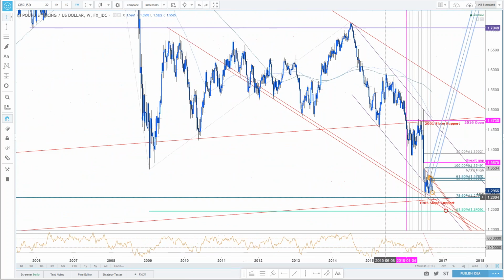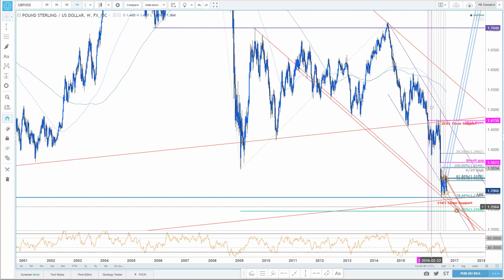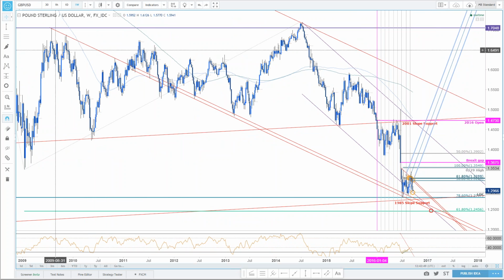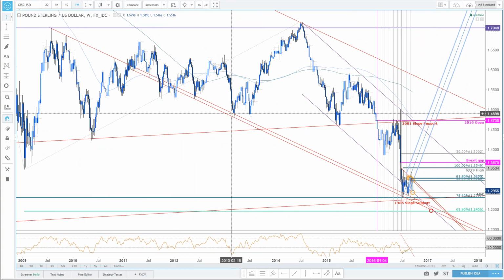Okay, so first of all, I'll bring your attention to this longer dated slope support. This is from the 1985 lows. We almost came into that, but rebounded earlier of it post-Brexit. Here are just some slope lines that we were working from the highs that we made back in 2009. You can see some really nice pivot points off that, and it caught the lows that we made this year.